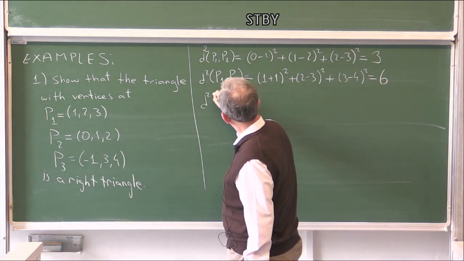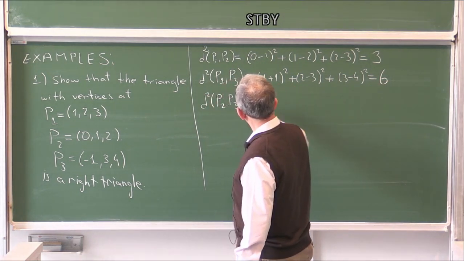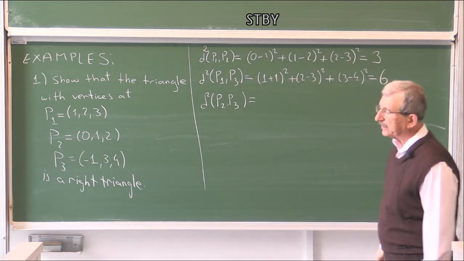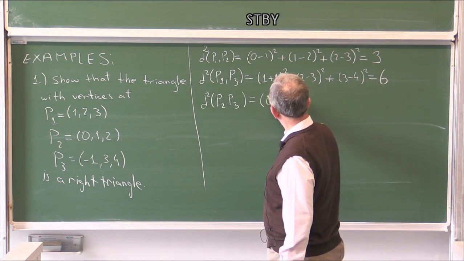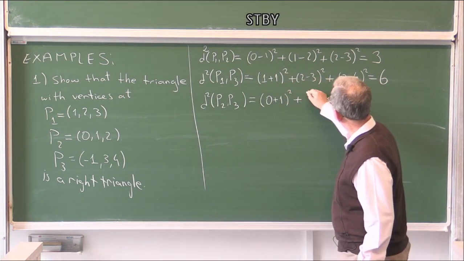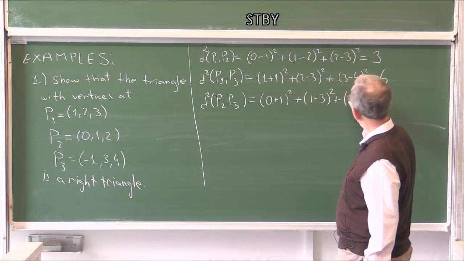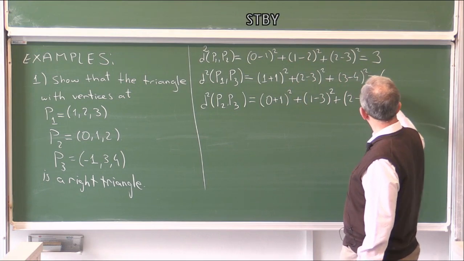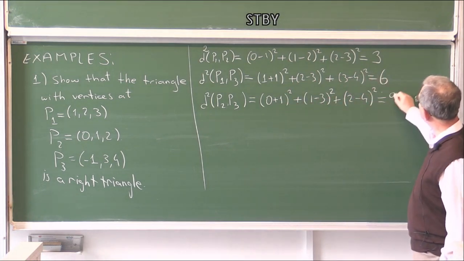And finally, the remaining distance between P2 and P3. That would be (0 plus 1) squared, (1 minus 3) squared, and (2 minus 4) squared. That means 1 here, and 4 here, and 4, so that's 9.